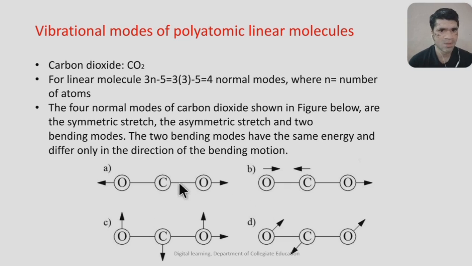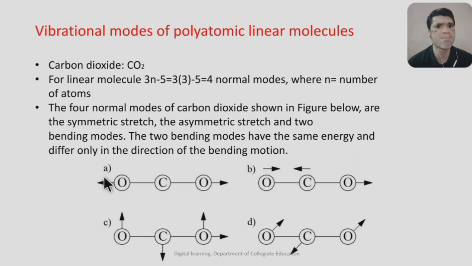These 4 normal modes are shown in the image. A is symmetric stretching, B is asymmetric stretching, C is symmetric bending, and D is asymmetric bending. Symmetric stretching does not produce any change in the dipole moment.